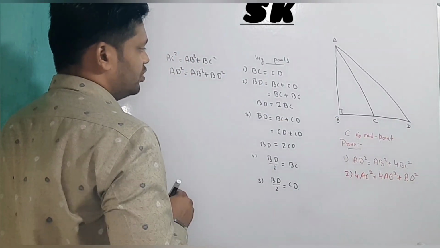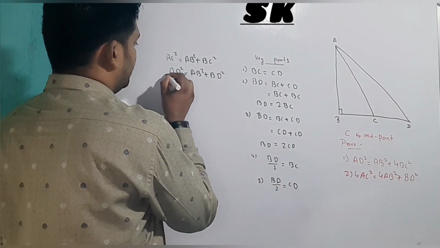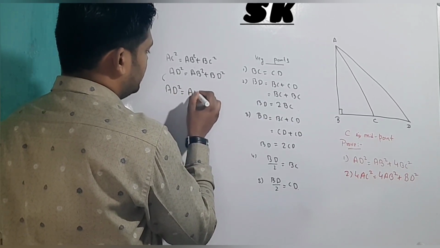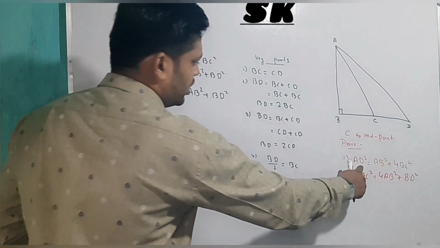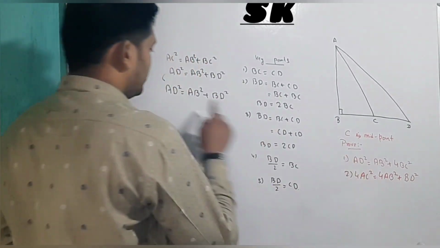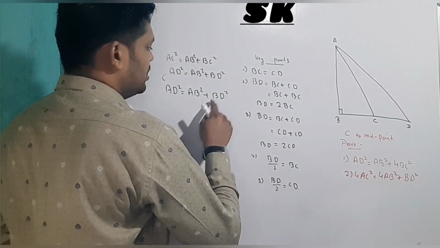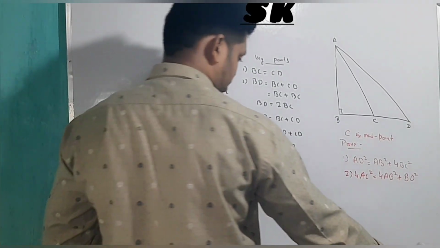Now which one do I have to use? First I have to use AD, so AD square is equal to AB square plus BD square. AD as it is, AB as it is, but there is no BD, there is a BC, along with that 4 is also there.